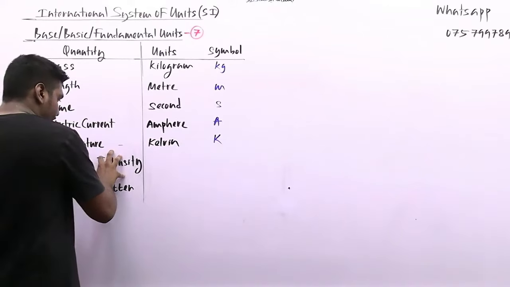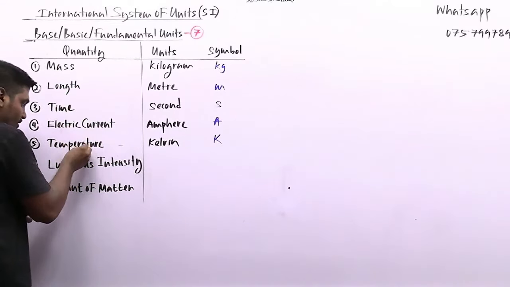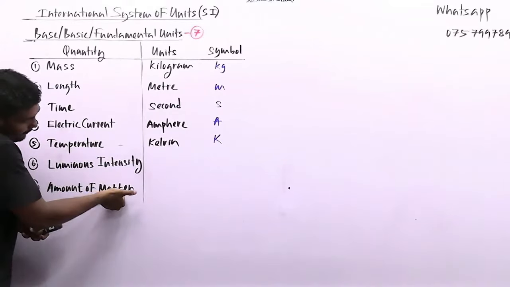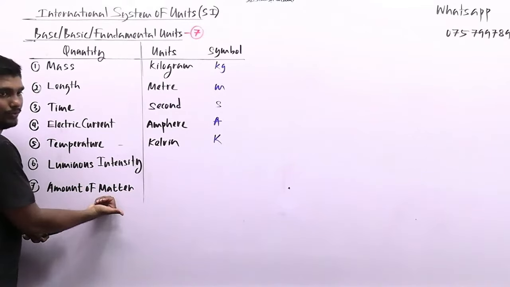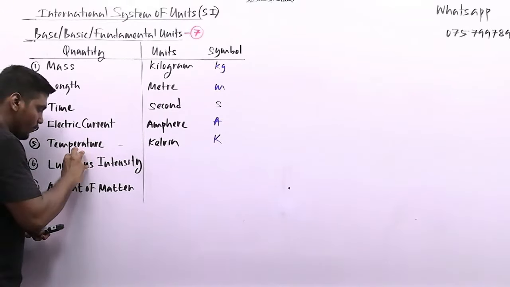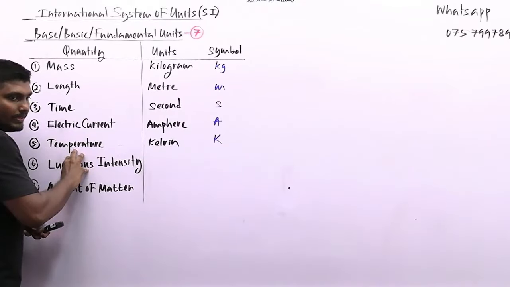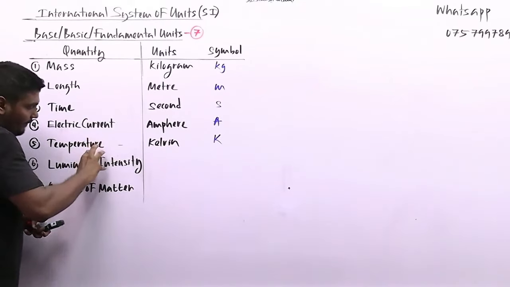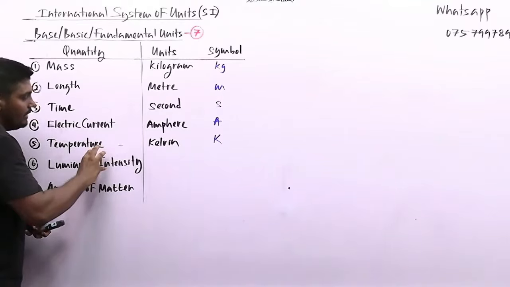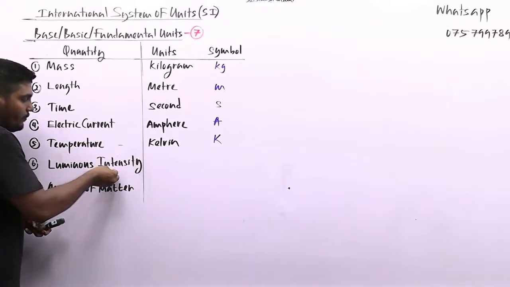And luminous intensity. I think you are all familiar with mass, length, time, electric current, and temperature. And you might also have an idea about the amount of matter. But the problem is you may not know what we mean by luminous intensity. This links with the light section. If I try to explain it right now, I don't know how many of you will understand.